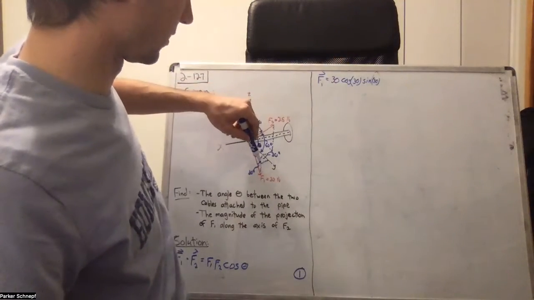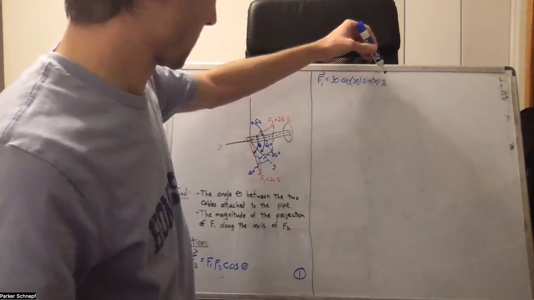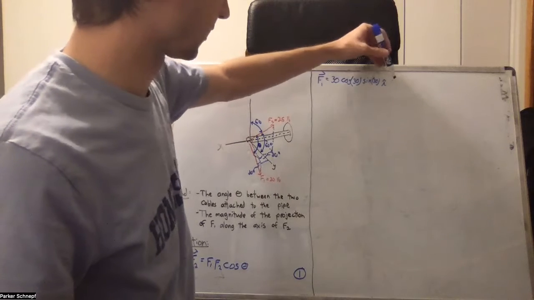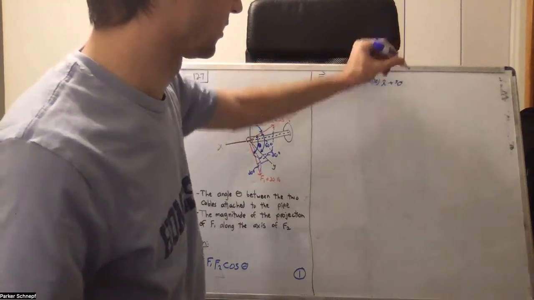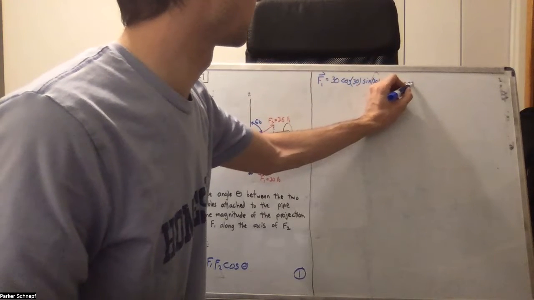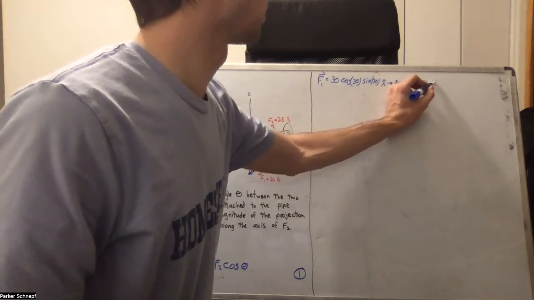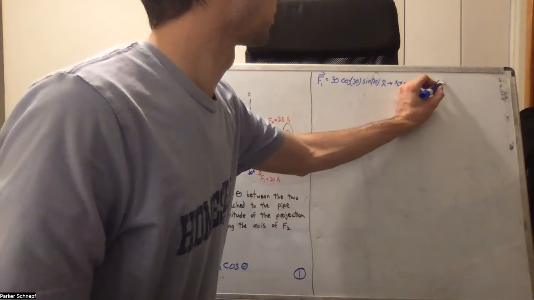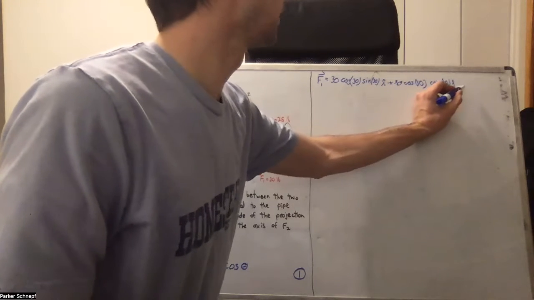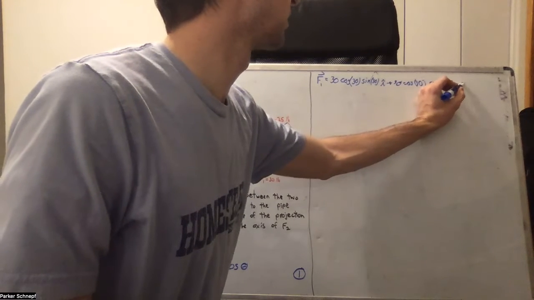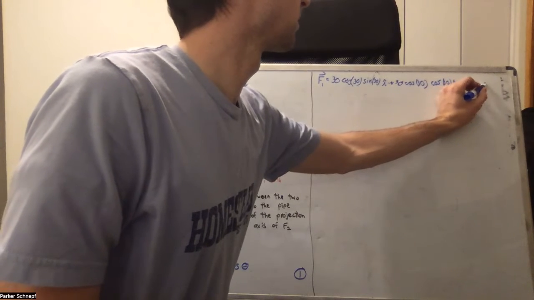That gets us basically this length right here, and that is in the i direction. And it's positive x, and it's also positive y. So we get 30 cosine 30, and I apologize for my handwriting, and then cosine 30. That gives us the y direction. And then it's in the negative z direction, so it's minus 30 sine 30.